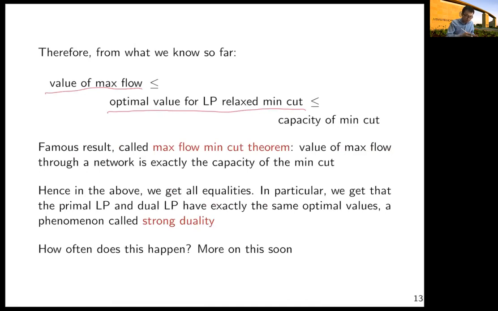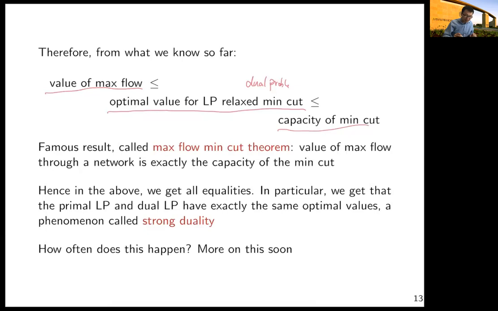So this is the objective function of the dual problem. We'll call that the LP relaxation of the min cut, by simply dropping the condition that xi needs to be either 0 or 1. And since this is a minimization problem and we are relaxing, we know that this quantity is smaller than the capacity of the min cut. So the optimal solution will have a smaller criterion value than the more restricted one that requires xi to be either 0 or 1.